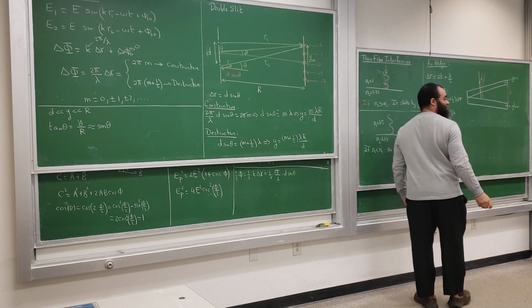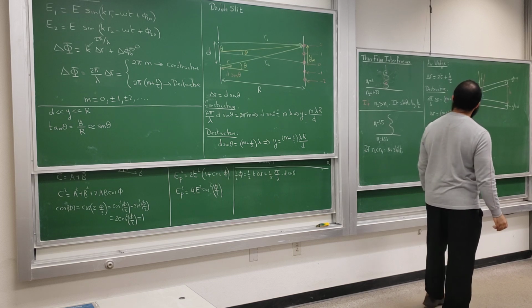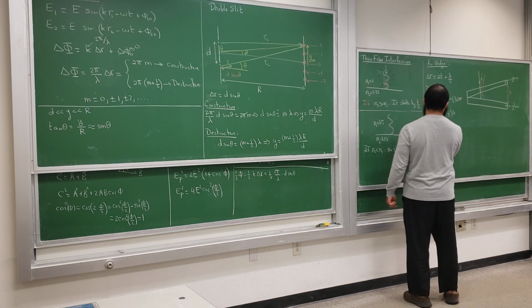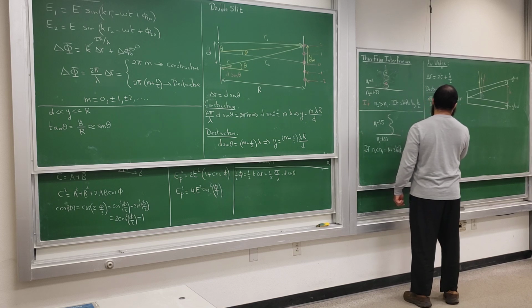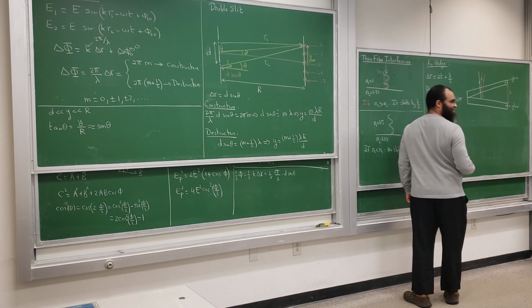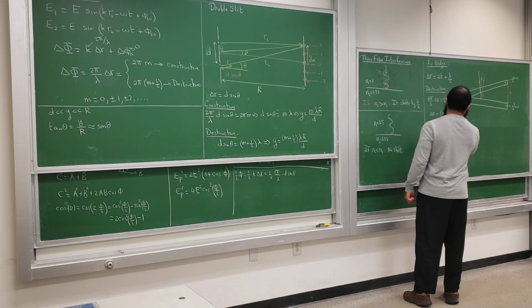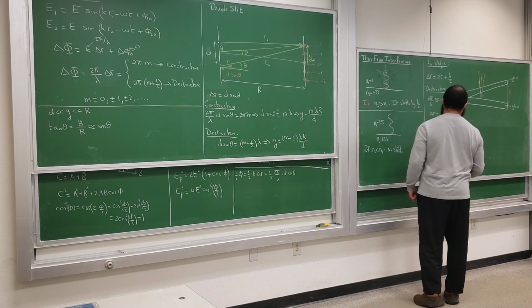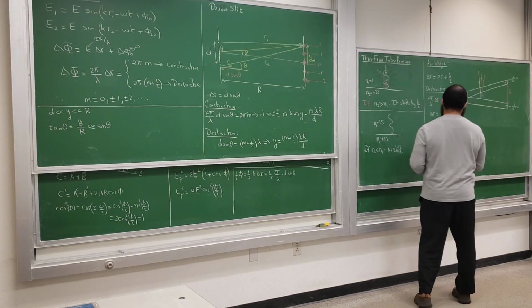Now we need to substitute. What is delta r in our case? Okay, 2t plus lambda over 2. Good. So I get 2t plus half lambda is equal to, spread this, or foil this, m times lambda plus a half times lambda. This half lambda cancels from both sides.